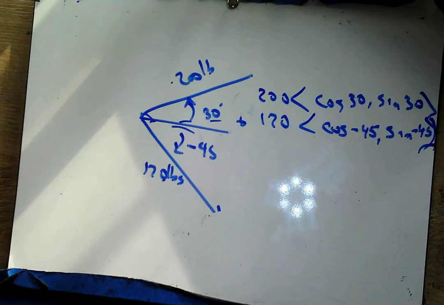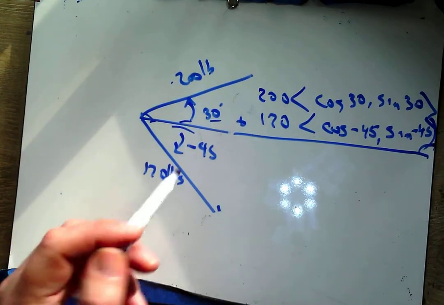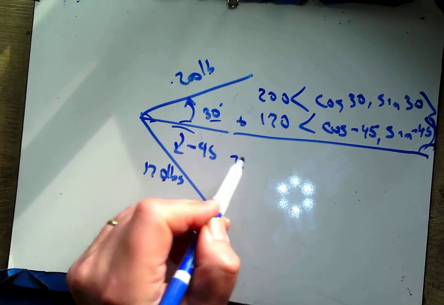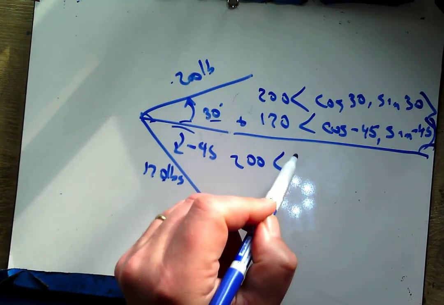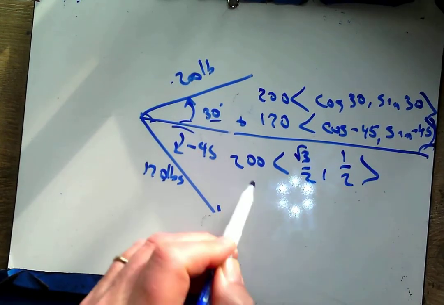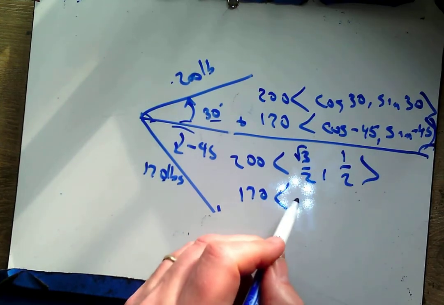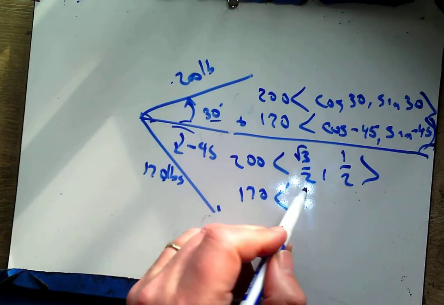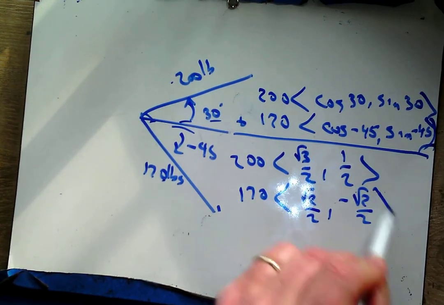And you know, when I think about these problems, I think, well, yeah, they're all fully unit circle values, so I feel like I'm supposed to be using unit circle values. So that's going to be the cosine of 30 is √3/2, and the sine of 30 is 1/2. And here I have 170, the cosine of negative 45 is positive √2/2, comma negative √2/2.